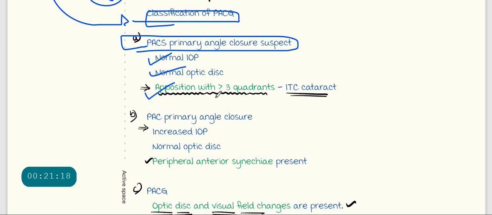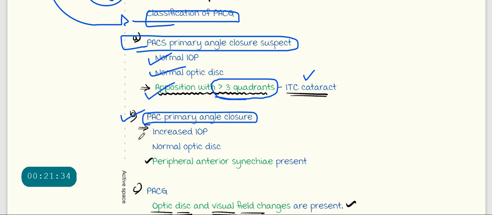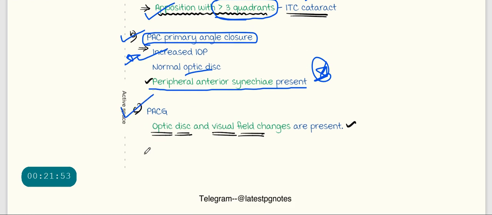The next is PAC, primary angle closure: there is increased intraocular pressure, the optic disc is again normal, and peripheral anterior synechiae are present. Then PACG: optic disc and visual field changes are present.